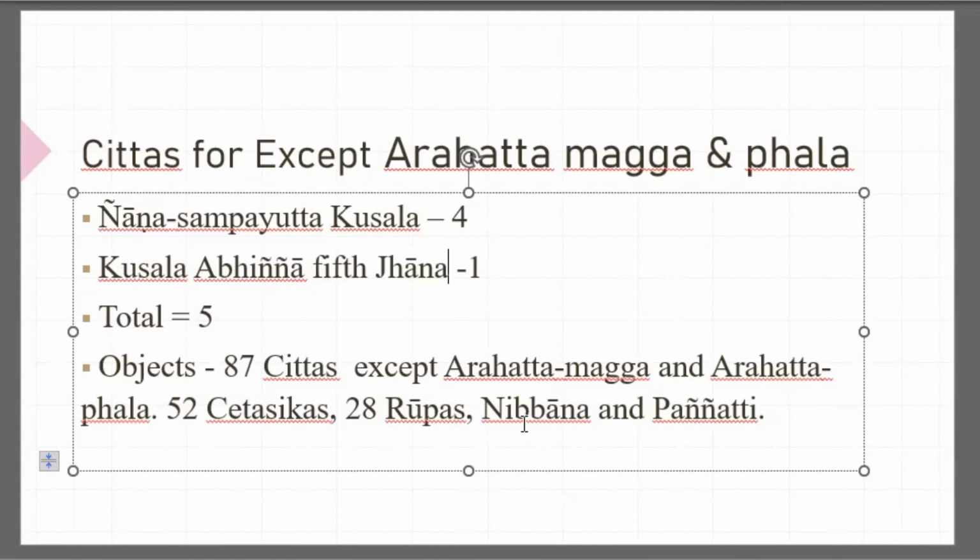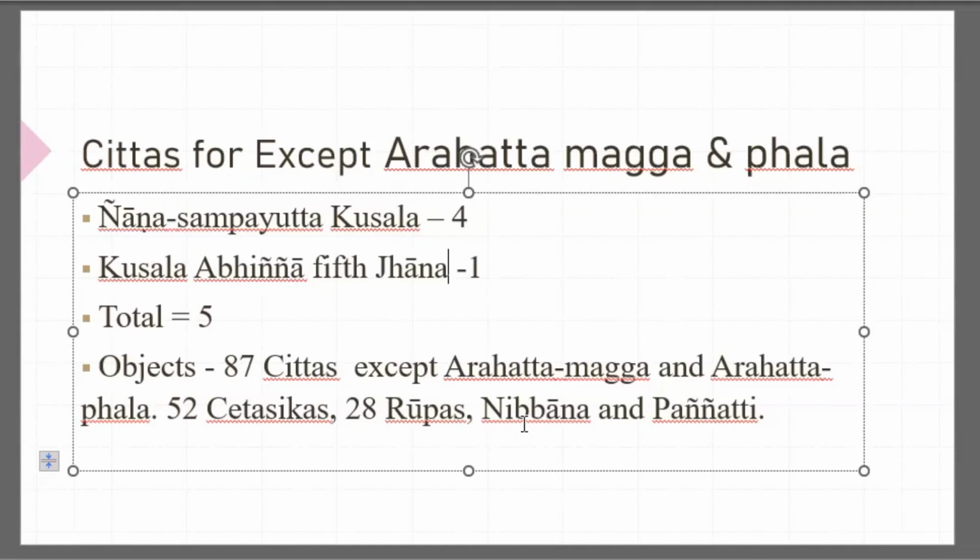For example, when a Sotapanna reads others' minds, he can read only the Sotapatti Magga and Phala of others, not Sakadagami. Sakadagami can read others' Sotapanna and Sakadagami minds.